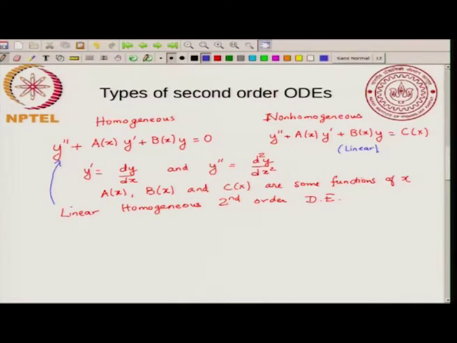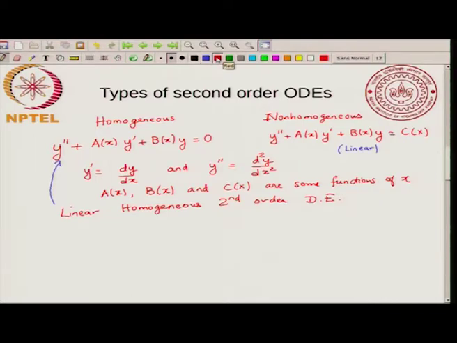It is non-homogeneous because the right hand side is not equal to 0, and it does not contain y to power 1. So, there is a term that does not contain y or any of its derivatives to power 1. So, this is an example of a non-homogeneous equation. It is still linear because each term has y up to a maximum of power 1.